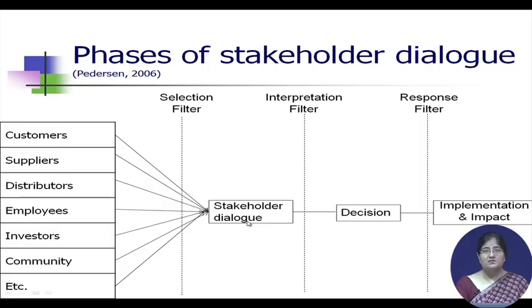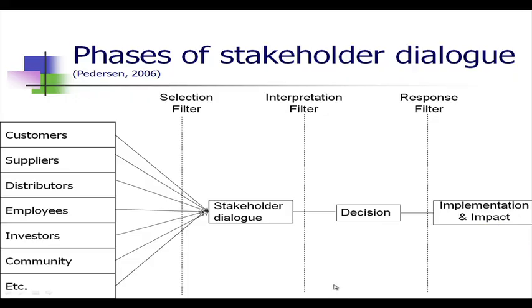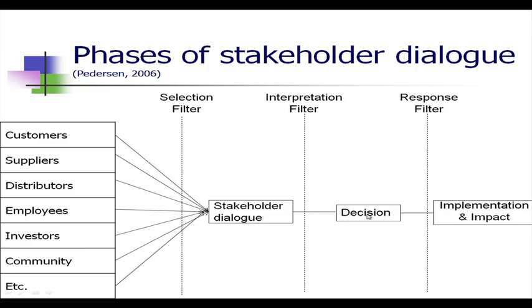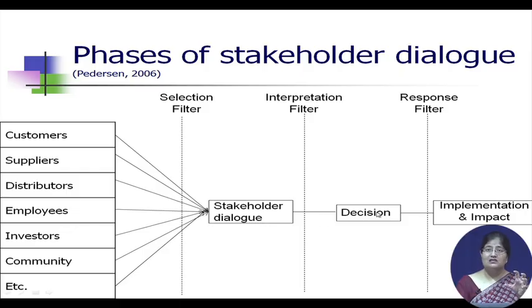Stakeholder dialogue takes place. Then comes the interpretation filter. So who interprets this? Decision makers sitting there, they say something, and that in turn results in the decision. The dialogue takes place, but the information that translates into the decision passes through the interpretation filter. That in turn passes through the response filter and results in implementation and impact.